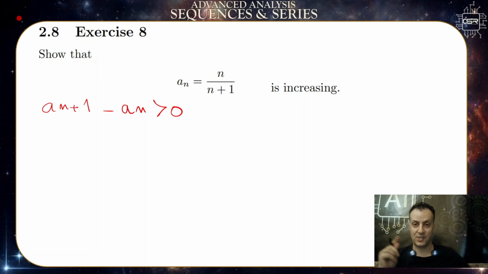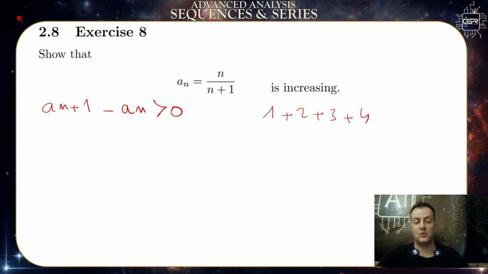Because in such case, when you have a_(n+1) minus a_n, or in other words, the next term minus the previous term, is greater than 0, then you can conclude that the sequence is increasing. So to give you an example, let's say you have a sequence of 1 plus 2 plus 3 plus 4. Here it should be clear that it is increasing.